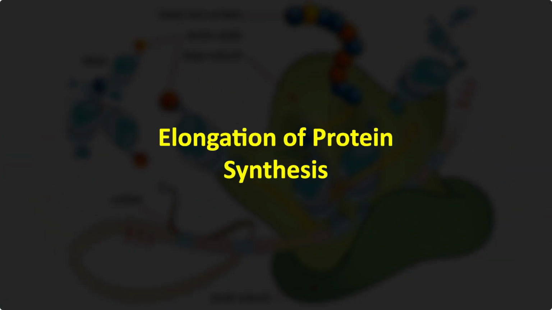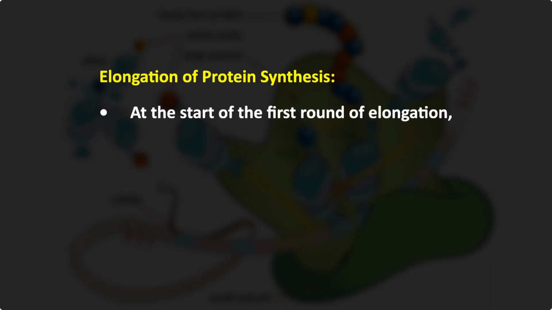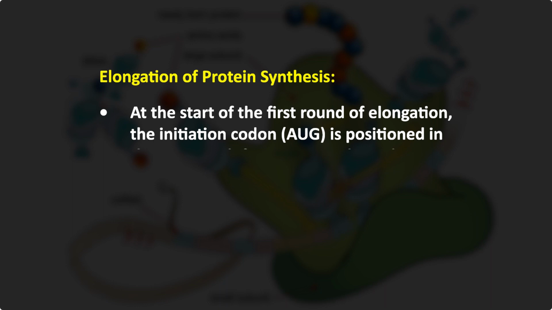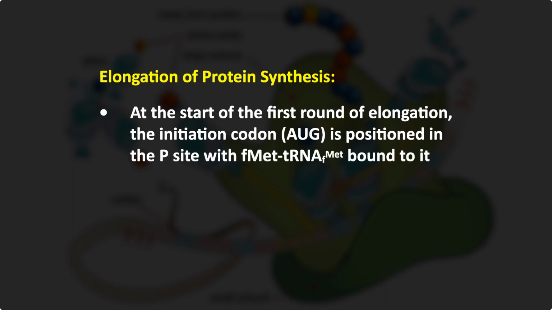Dear students, the second step is the elongation in protein synthesis. At the start of the first round of elongation, the initiation codon, that is AUG, is positioned in the P site with formylmethionine tRNA formylmethionine bound to it via codon anticodon base pairing.